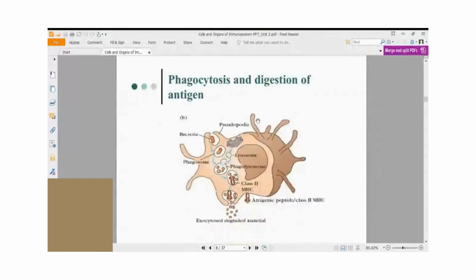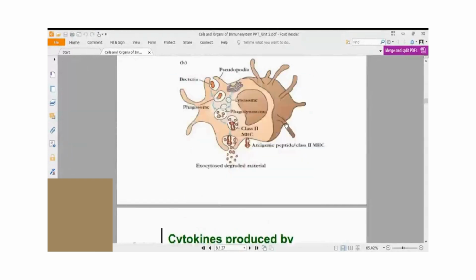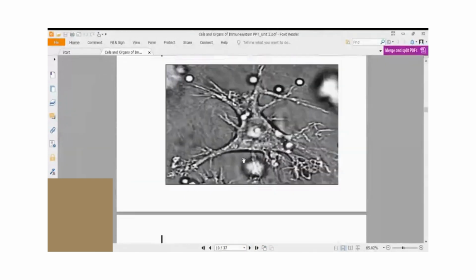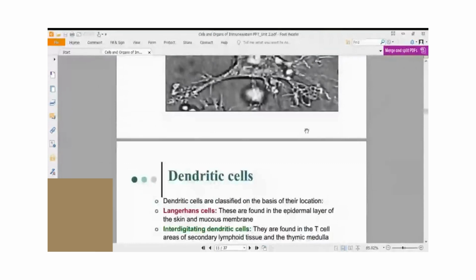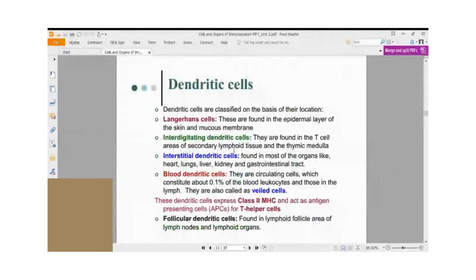As seen in the slide now, on the macrophage, those finger-like projections are nothing but pseudopodia. Filamentous pseudopodia are different, as seen in this picture of the dendritic cell, where they are fibrous and filamentous. In addition to that, if the dendritic cell possesses finger-like projections on its surface, they are called interdigitating dendritic cells.